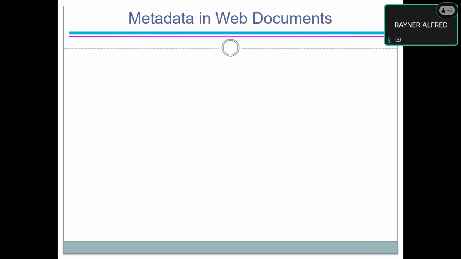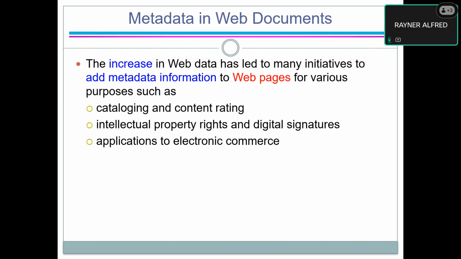Okay. But what about the data that we have in the web? How do we associate any of the document that published on the web? So nowadays we have more information published on the web. So this is very important, because the web page is used for various purposes, cataloging and content rating.